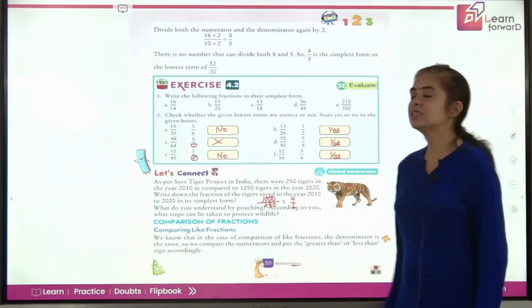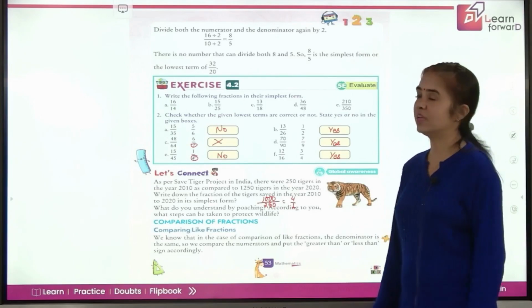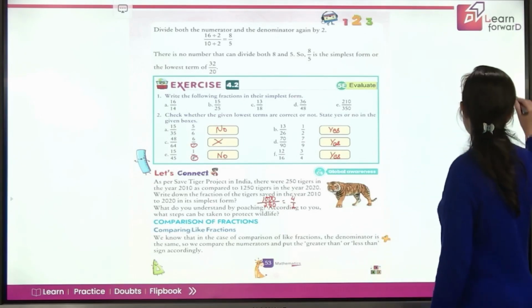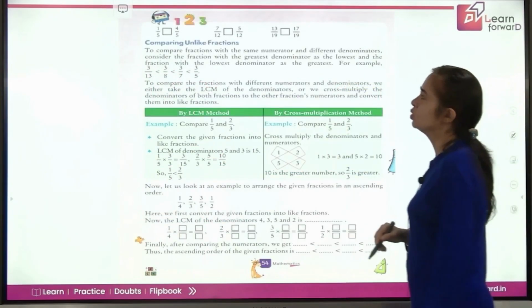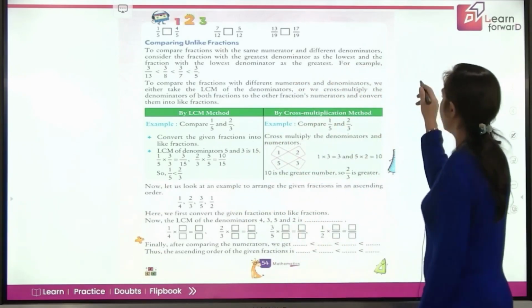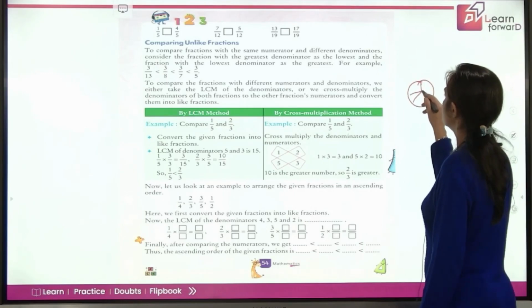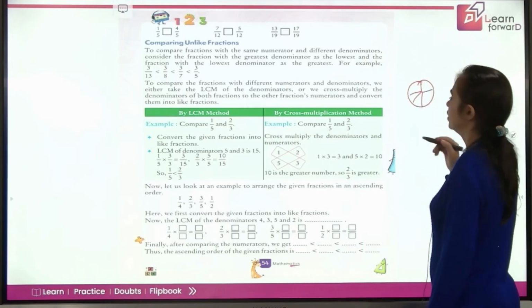Now, comparison of fractions. Comparing like fractions is very easy because you have the same denominator. So if you have the fraction 1 by 5 and 4 by 5, if I draw it here in the form of a circle, this is 1, 2, 3, 4, 5. Right?